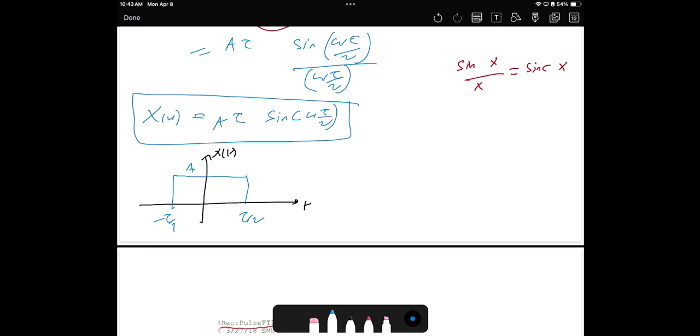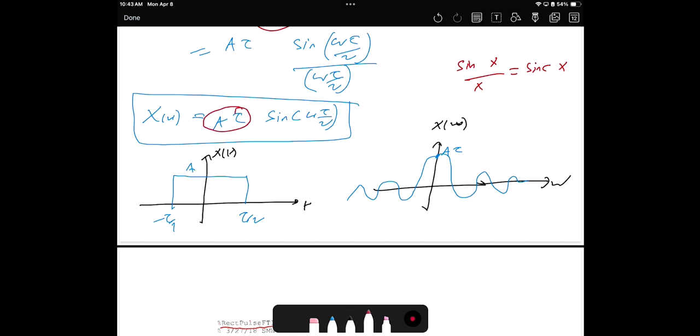Then here is x of omega, here is omega. It will start near A tau, then it will be a sinc, like this one. Okay?